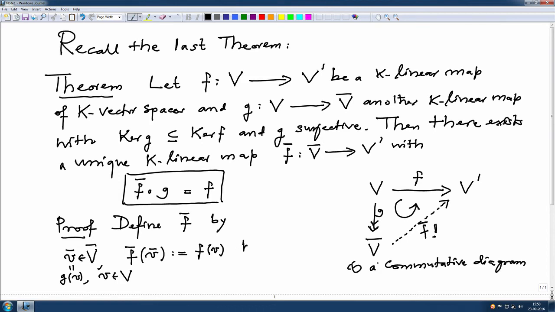So, this is well defined, that is one has to check, and then the demand is automatically satisfied, because we have defined it like that.